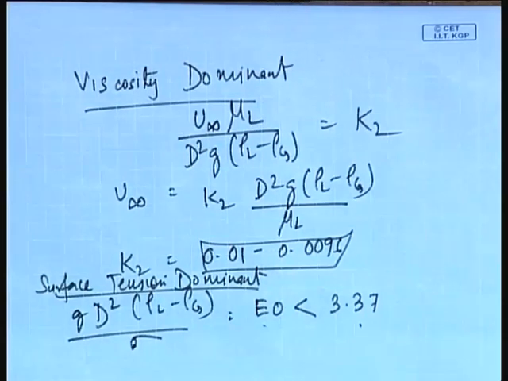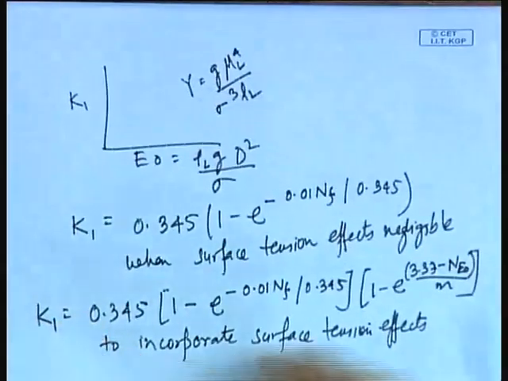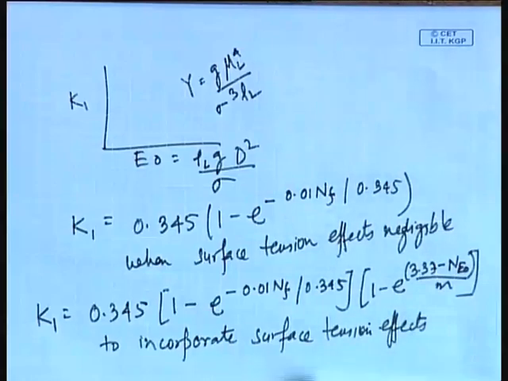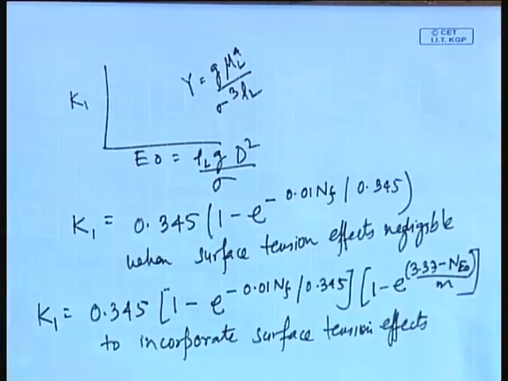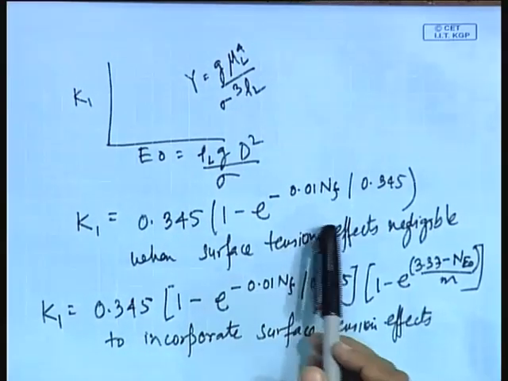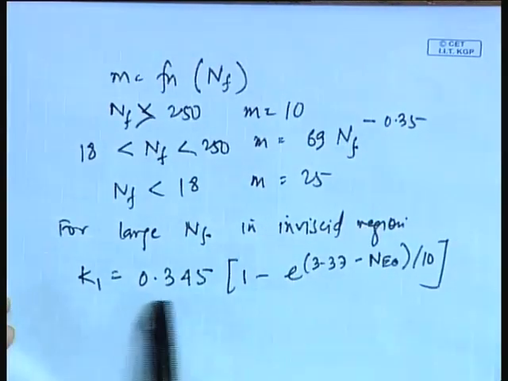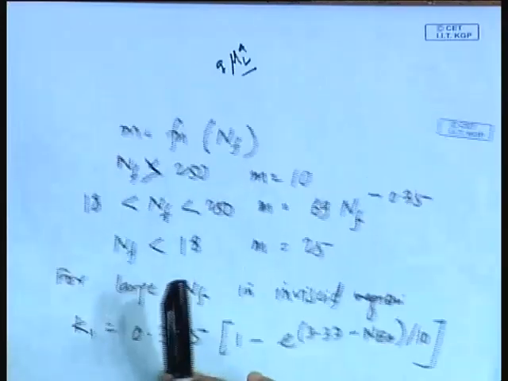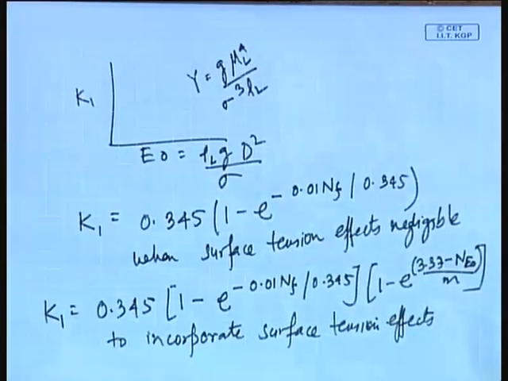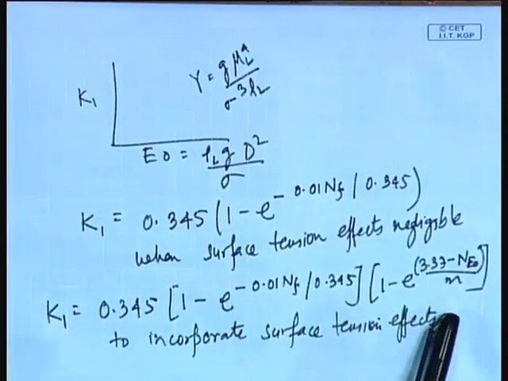And when more than one force is important, I have already given you the expressions here. When viscosity and inertia are important, this is the expression. When inertia and surface tension are important, this is the expression, and when everything is important, this is the expression we usually use.